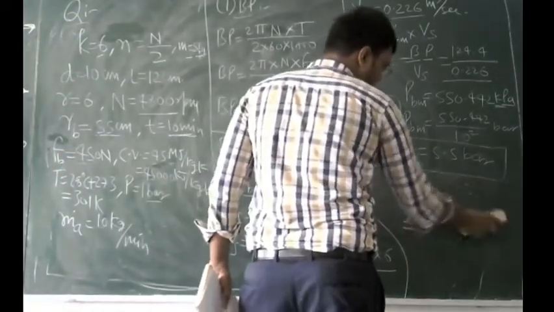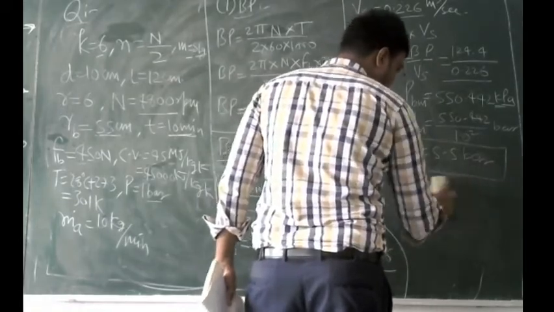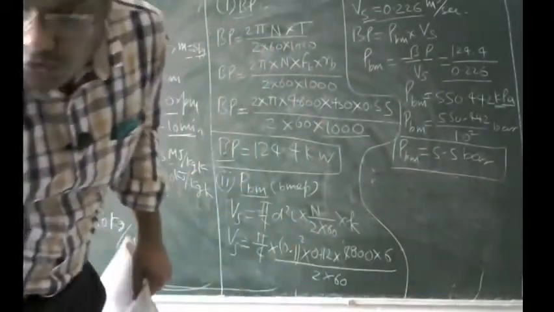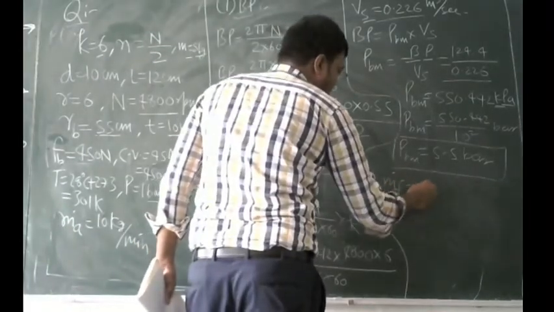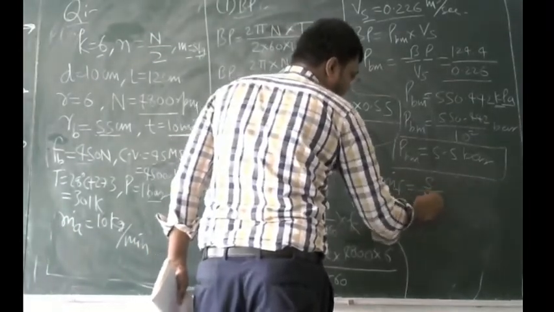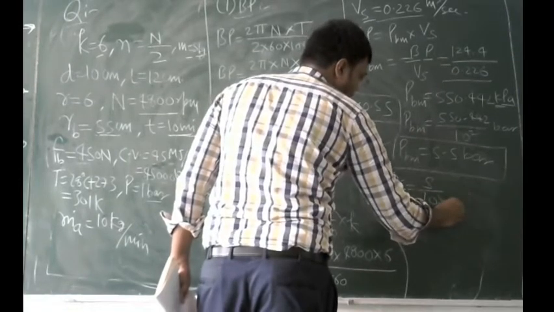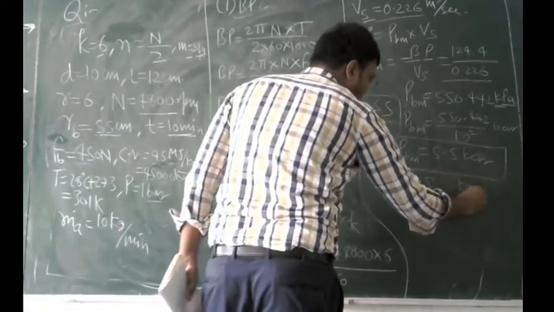As I said, m dot f, the mass of fuel per unit time, should be 5 kg of fuel consumed in 10 minutes, so it is 5 by 10 kilogram per minute.